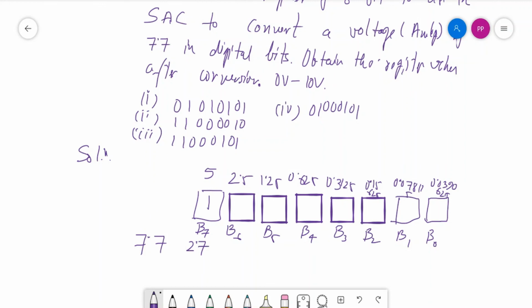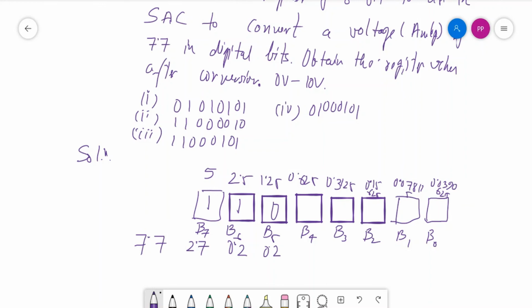Then the next one is 2.5. So we assign 1 bit. So remaining is 0.2. Next one is 1.25, which is more. So we keep it 0. So remaining is 0.2.